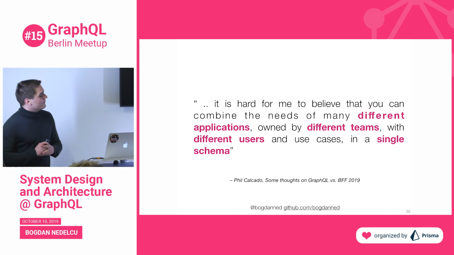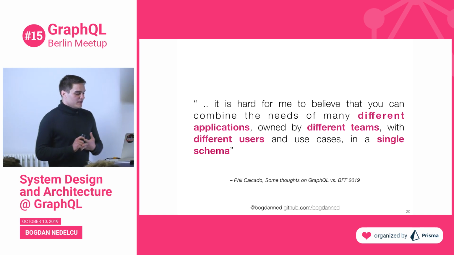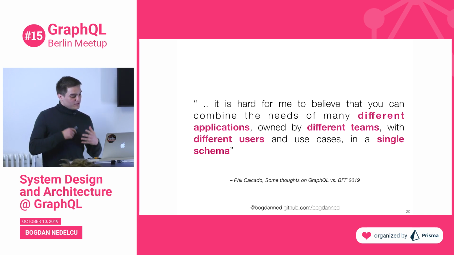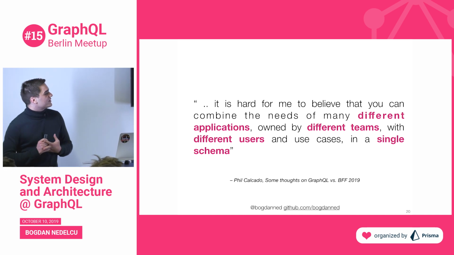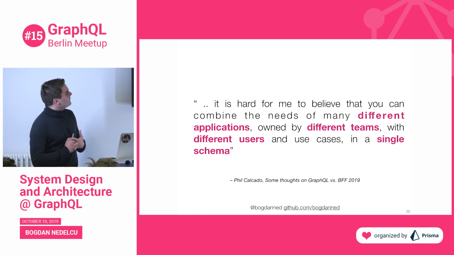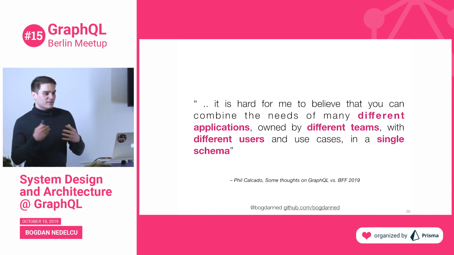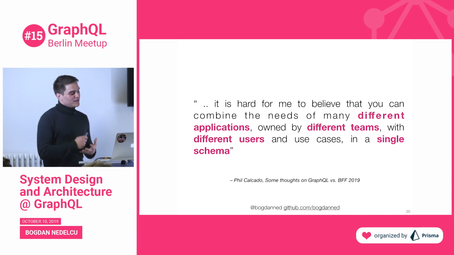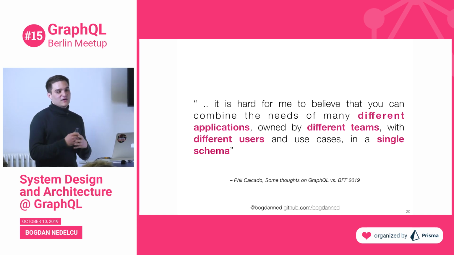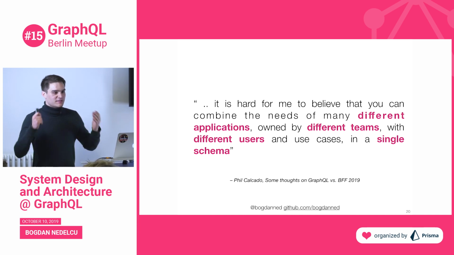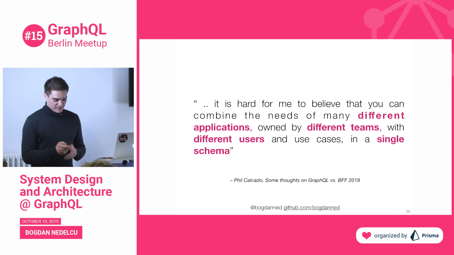But again, Phil Calcao, one of the SoundCloud engineering team members back in 2012, reviewed GraphQL in 2019, I think in July, and agreed that given that there are so many applications, so many users, and so many teams, it's pretty hard to believe that one single schema will be able to satisfy everybody without using some non-trivial sophisticated tooling to make that happen, right?